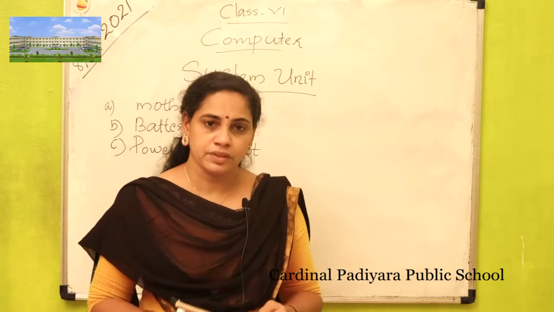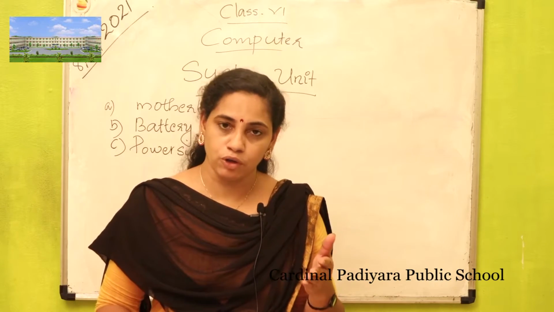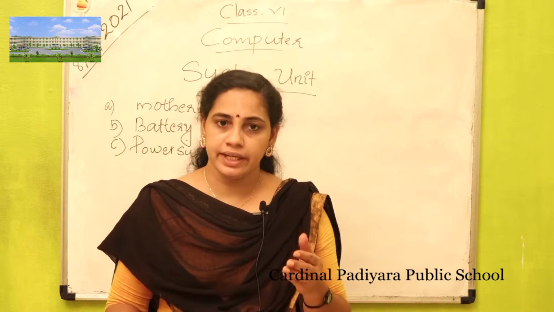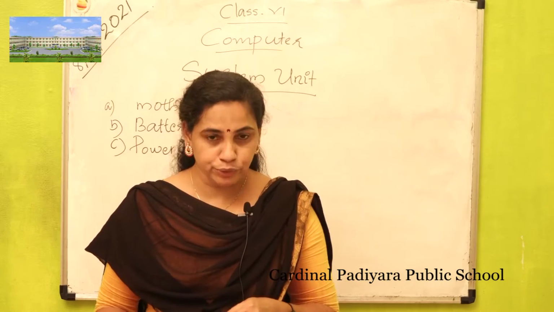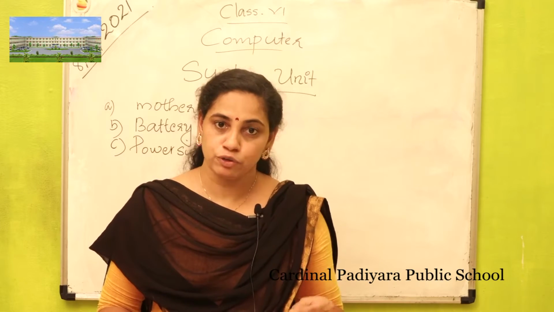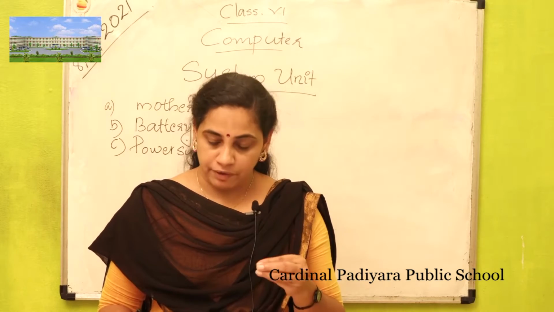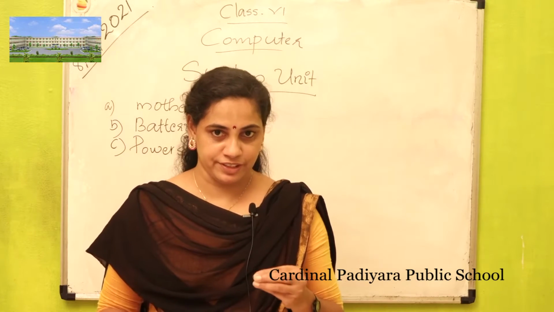In a personal computer, we need 5 volt and 12 volt current supply. Since they need low voltage current, a power supply unit is required to convert high voltage current to low voltage current. This power supply unit is placed inside the system unit.